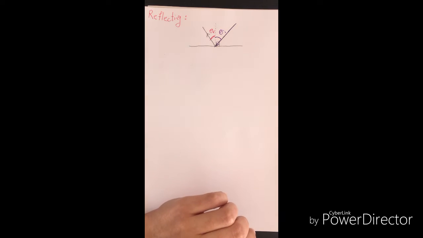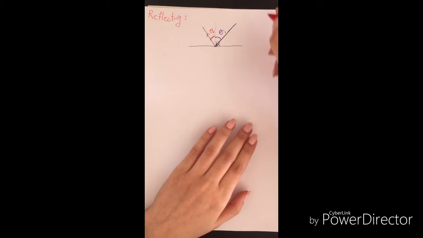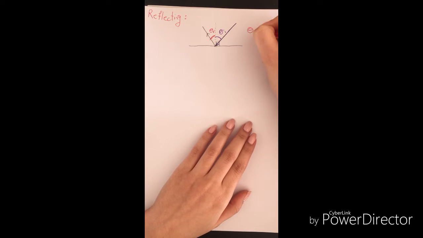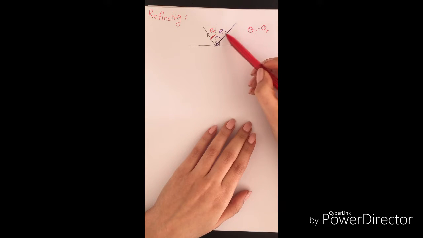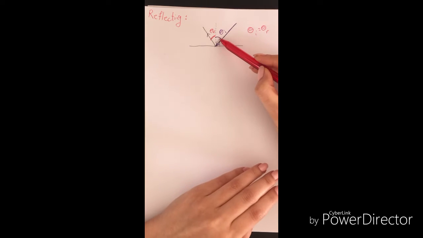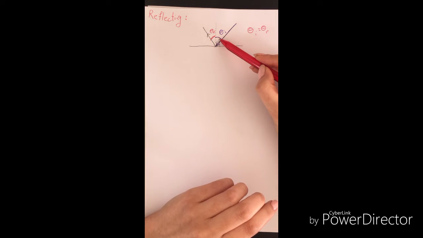These two angles are equal to each other, so theta initial equals theta R. The angle of the ray which hits the surface is the same as the angle of the ray which is reflected from the surface.